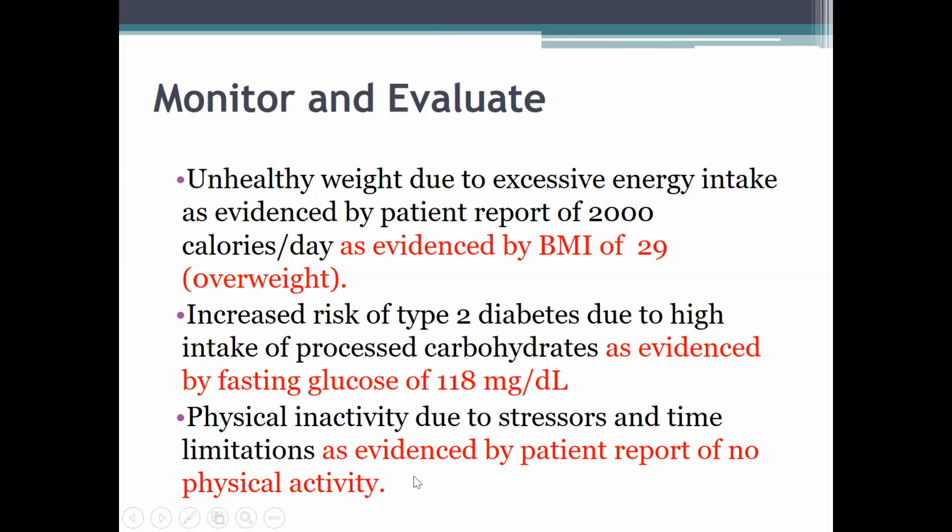If the goal was to exercise 3 times a week or whatever it is. But hopefully the next time you see her, and again, you'd want to say what that was, 2 weeks or a month, she will be reporting something other than no physical activity.